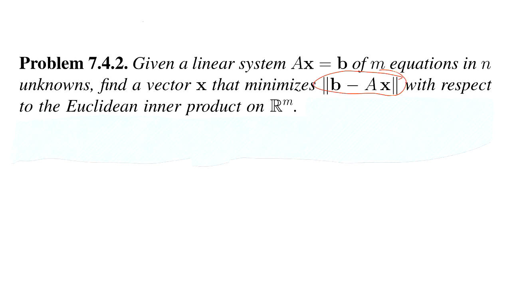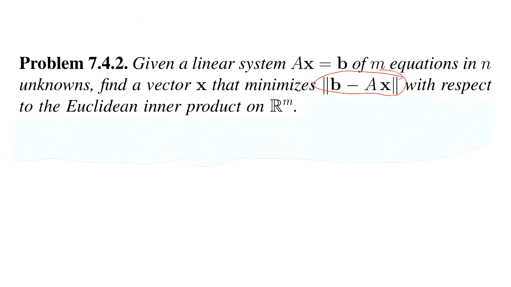The reason this is an interesting problem is that very often, particularly in applications, you'll have a linear system that you would like to be able to solve, but that system doesn't have any solutions, right? Now, that doesn't mean that the equation you started with is stupid and you should throw it out and go do something else. What it means is you've got to find the next best thing.